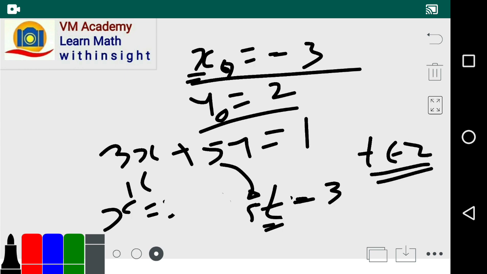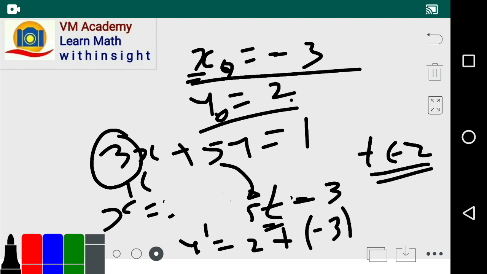So similarly y dash becomes, friends, the initial solution y naught, 2, plus, now for y dash we use the additive inverse of the coefficient of x, which is minus 3, times t.